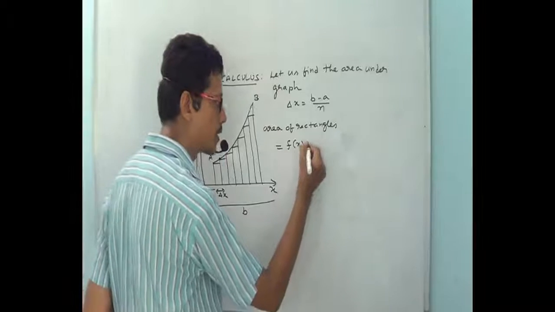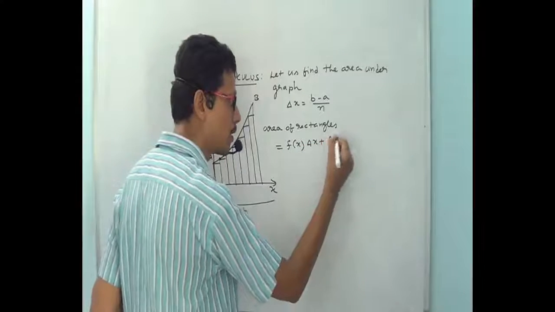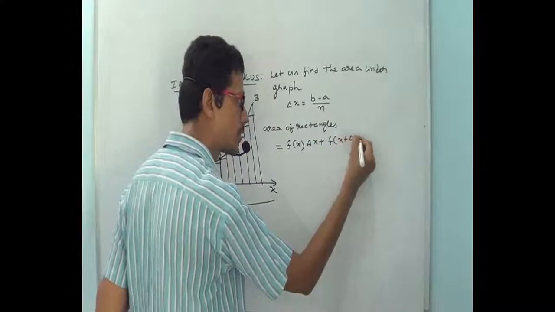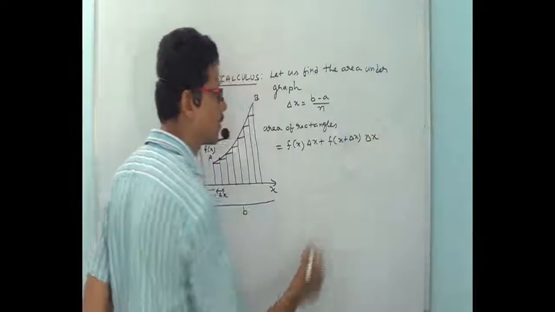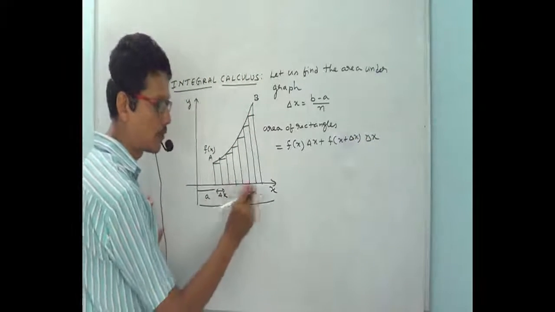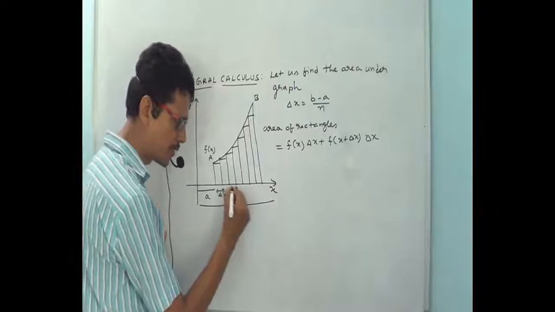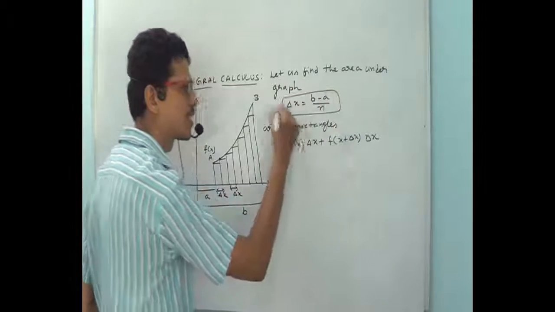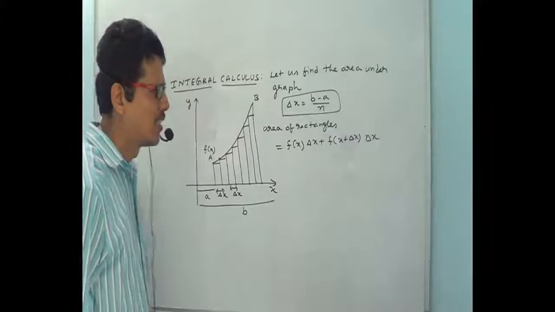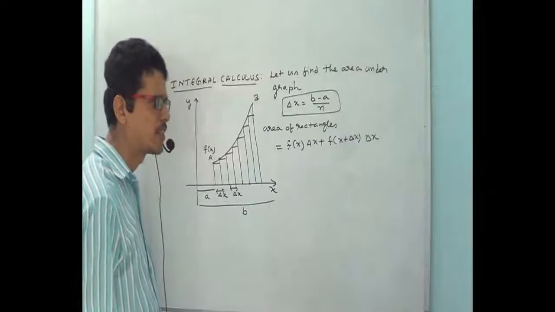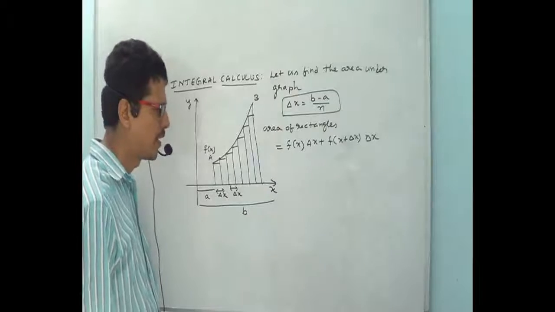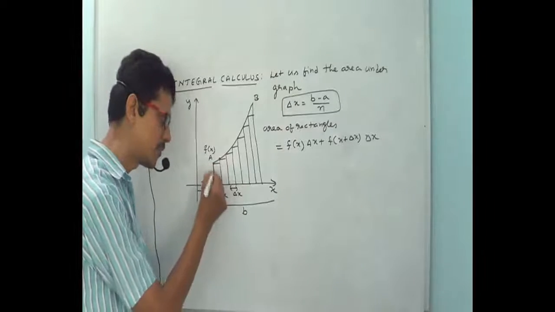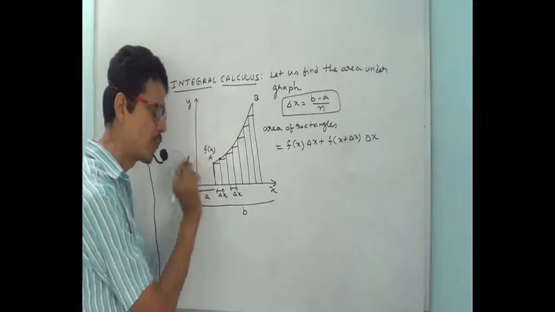So it is f of x into delta x plus f of x plus delta x into delta x. For all the rectangles, breadth is the same, delta x only. And already I wrote what this delta x is: (B minus A) by n. And what is this length here? f of x.